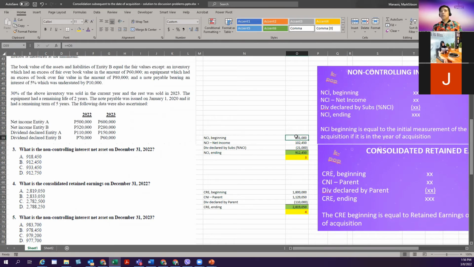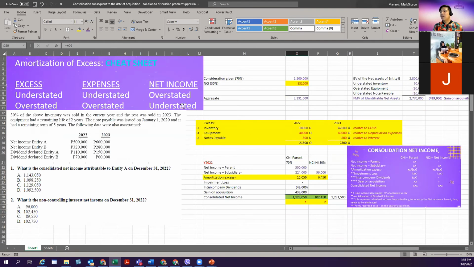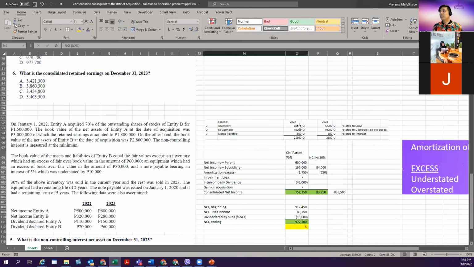Remember, the non-controlling interest beginning at the year of acquisition represents the share of the non-controlling interest. This is what we computed earlier, using the proportionate share. Don't forget this portion. So that's 831,000.